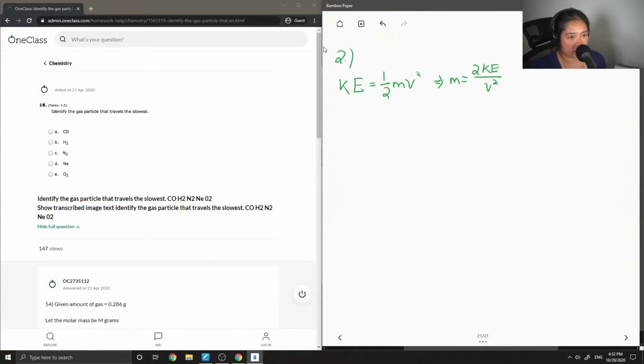And already you'll notice that the mass is inversely proportional to velocity. So I'm going to write that down. So basically, the larger molecule you have, the slower it'll move. So that kind of makes sense. But basically, this is the expression that can kind of prove that.